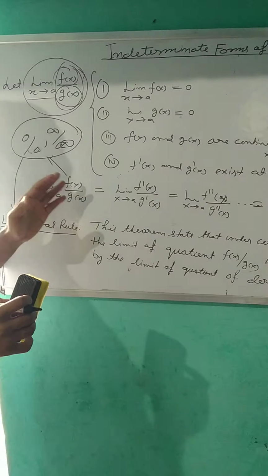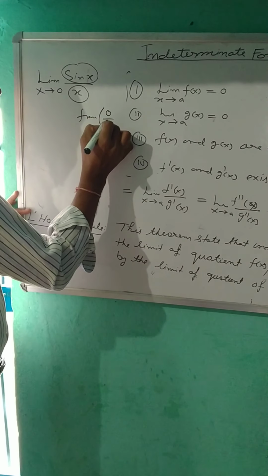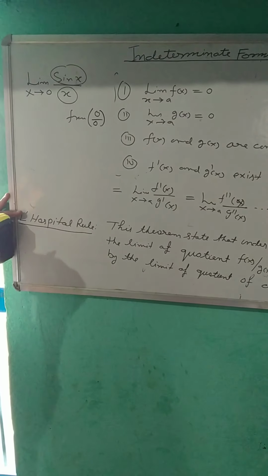In this case, this function is f(x) over g(x). When we take x tends to 0, sin 0 equals 0, and in the denominator we also get 0. So the form of this function is 0 upon 0.